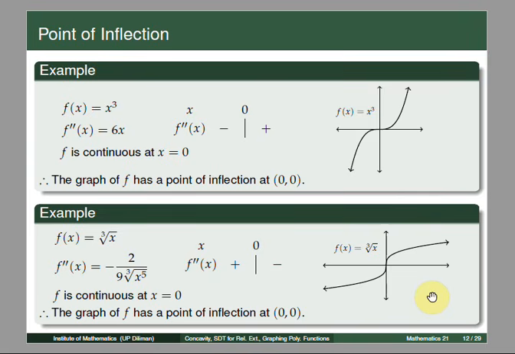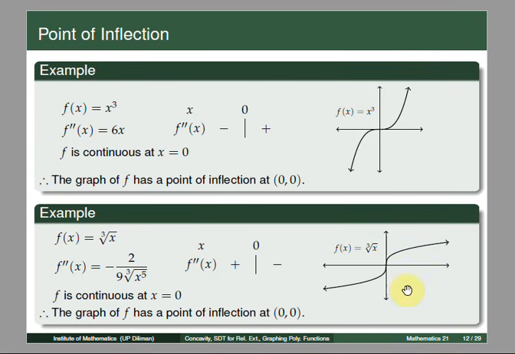Before we move on, let's look at these examples and observe the following. For our first example, f has a POI at x equals 0. If we substitute x equals 0 in the second derivative, which is 6x, we have that f double prime of 0 is 0. On the other hand, the cube root of x has a POI at x equals 0.